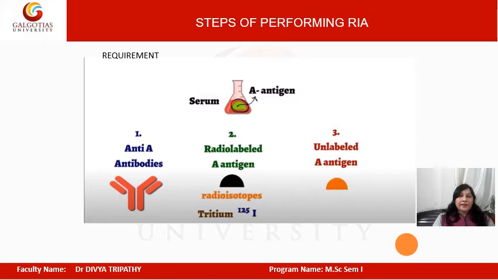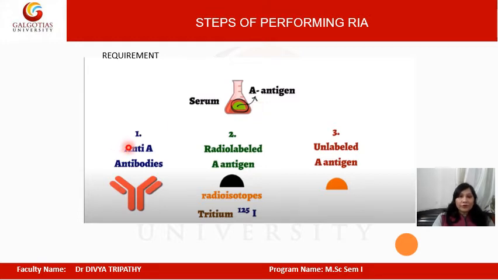In addition to these two things, the anti-A antibodies and the radio labeled A antigen, we also need unlabeled A antigen, right? Again I am telling you, we have to find out the concentration of A antigen in this serum. Apart from this serum, we need three extra things.